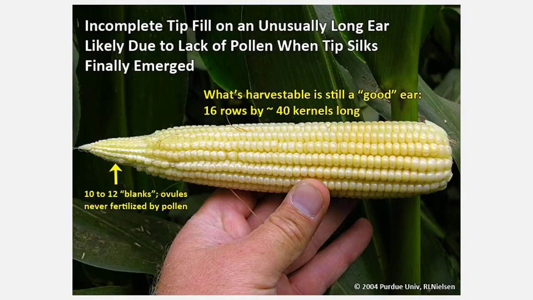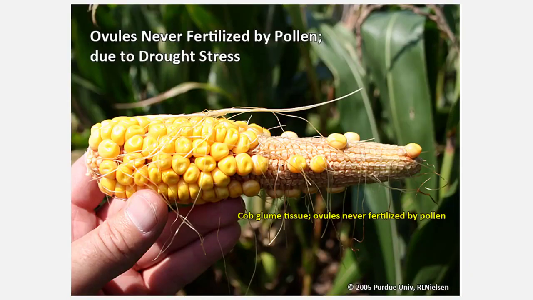So sometimes with wind-pollinated flowers, you don't get everything fertilized. Here is an incomplete ear of corn, with an unusually long ear, because there was a lack of pollen when the tip silks finally emerged. I'm sure you've seen this. And then this is due to drought stress.